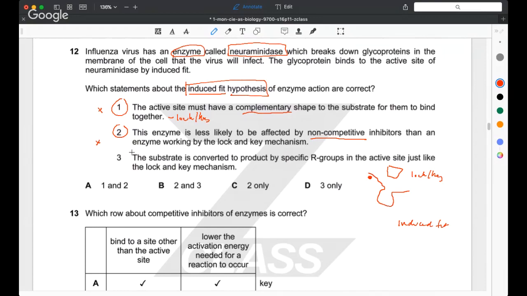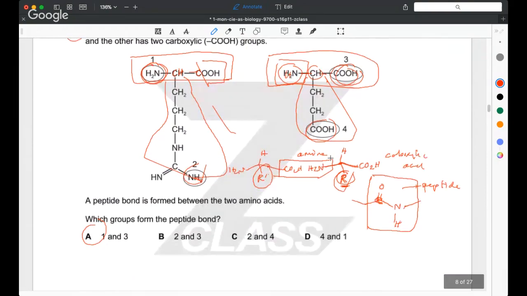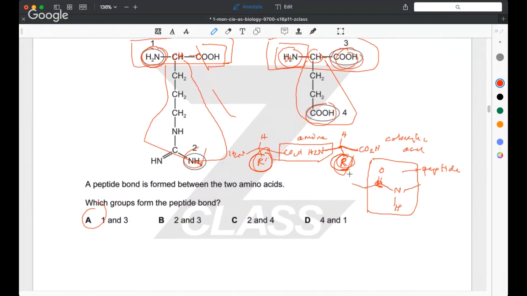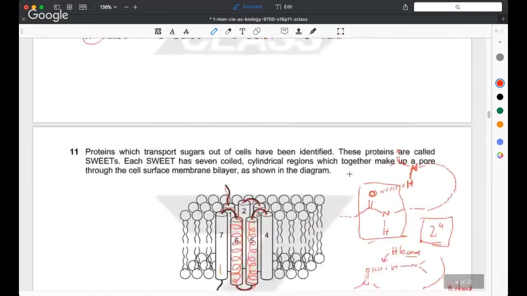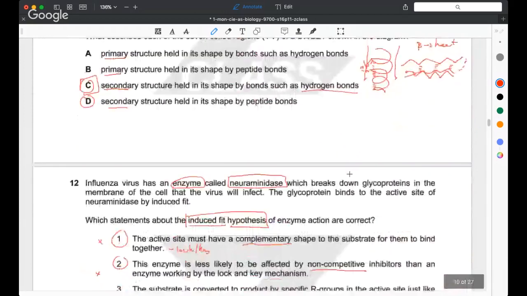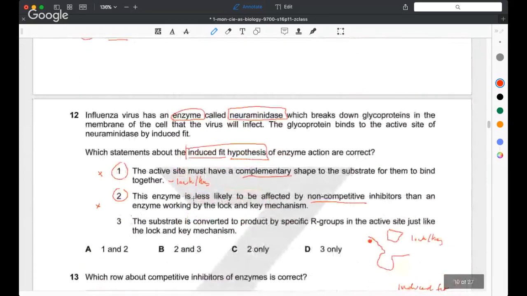But it's true that with either the lock and key mechanism or the induced fit mechanism, once the substrate is in the active site and the active site has properly bound to the substrate, then these various groups that are individual for each of the amino acids can then bind to the substrate and convert the substrate into the product.